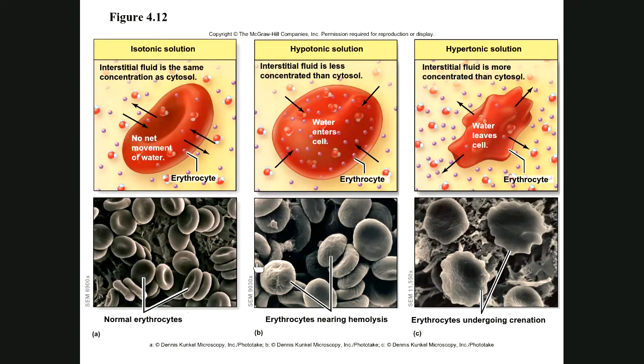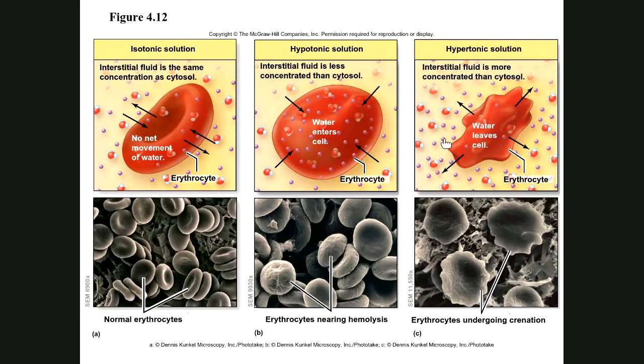Cells placed in a hypotonic solution plump up rapidly as water rushes into them. Remember, water is going to move from a high concentration to a low concentration, which is inside of the cell. And as a result of that, the cell is going to swell, burst, and eventually lyse, or what we call lysis.